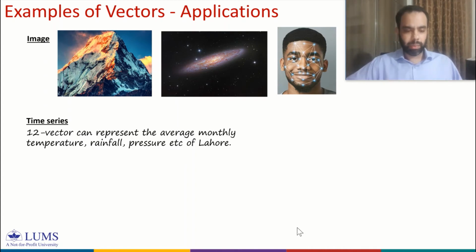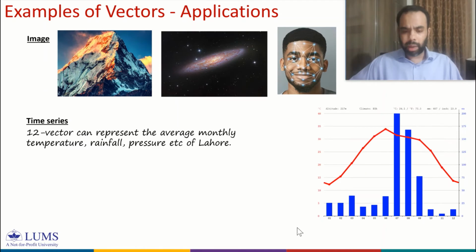So we live in Lahore, so we will say a vector of size 12 can represent the average monthly temperature, rainfall, pressure of Lahore. And for example, this is the plot I have for temperature and rainfall data.